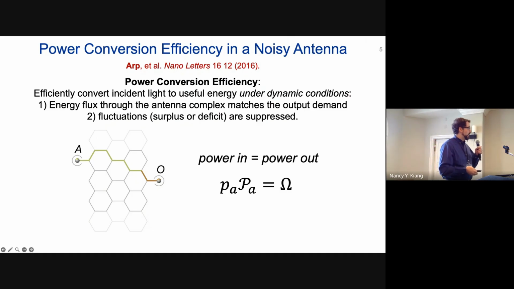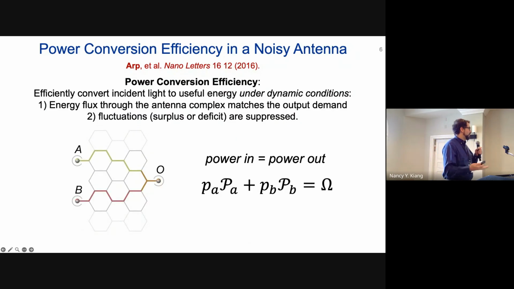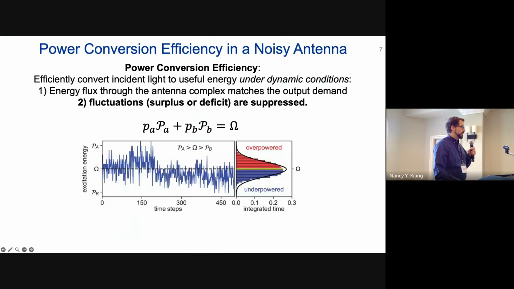And this is just a basic expected value. And if I'm considering two pigments, then I'm adding in a second channel, channel B, again with probability B, power B, into this matching condition. That is my first point.